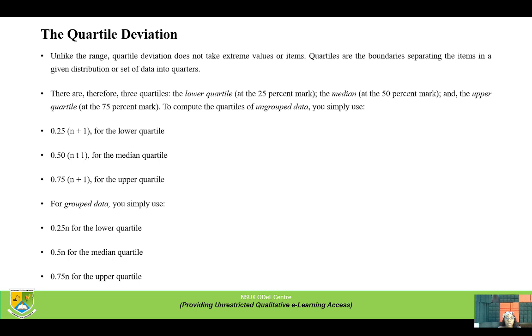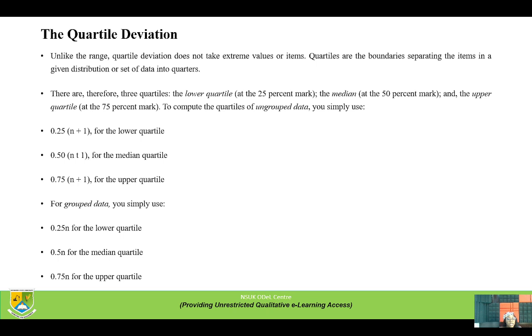To compute the quartiles of ungrouped data, you simply use 0.25(n + 1) for the lower quartile, then 0.50(n + 1) for the median quartile, and 0.75(n + 1) for the upper quartile.